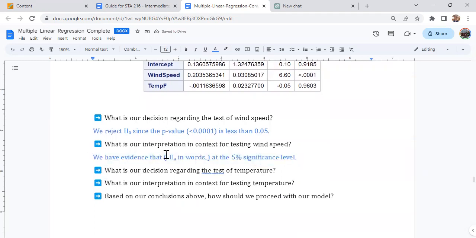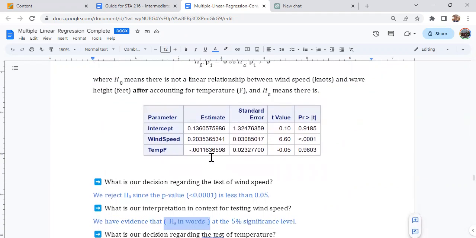So here, how would we say the alternative hypothesis for this problem?